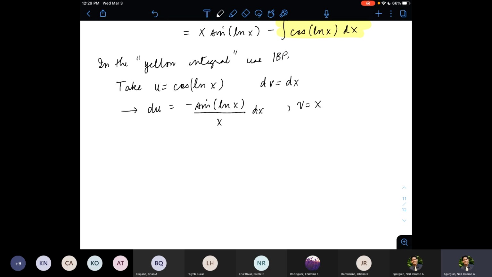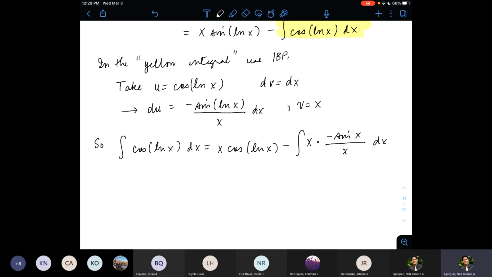All right, good so far. So again, the integral of cosine of ln x dx is equal to uv. That's x cosine of ln x minus integral of v du. So that's x times negative sine ln x over x dx.